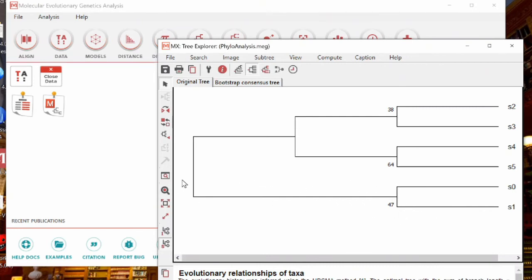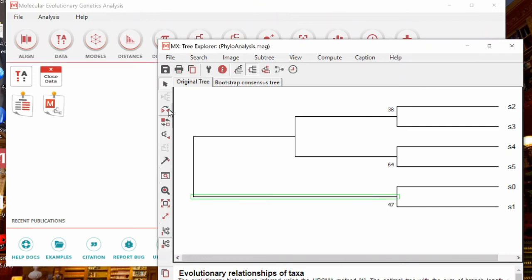The root should be right here. Also, the order of the grouping is not correct, because it should be 0, 1, 3, and so on. But this is easy to fix.